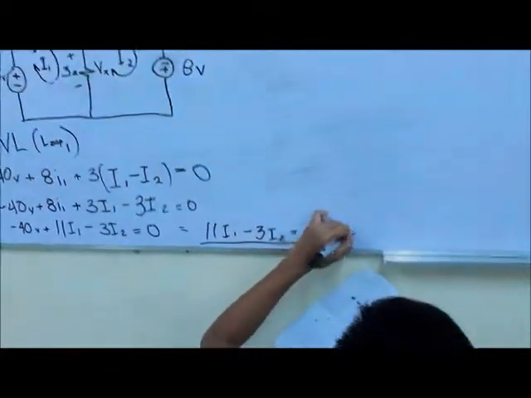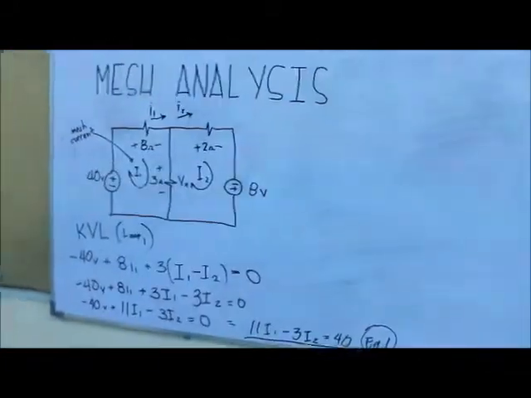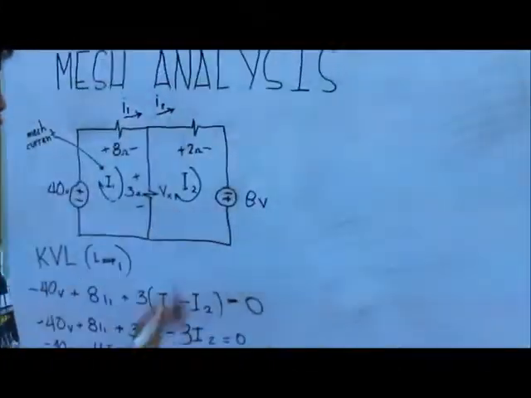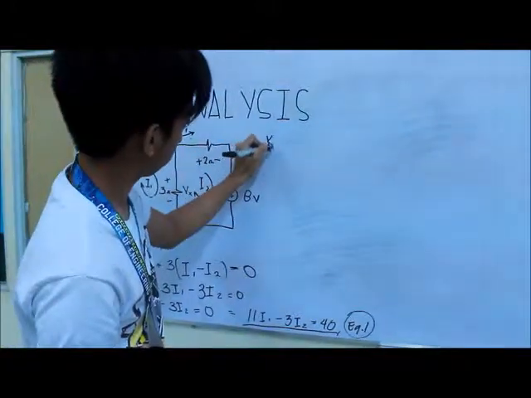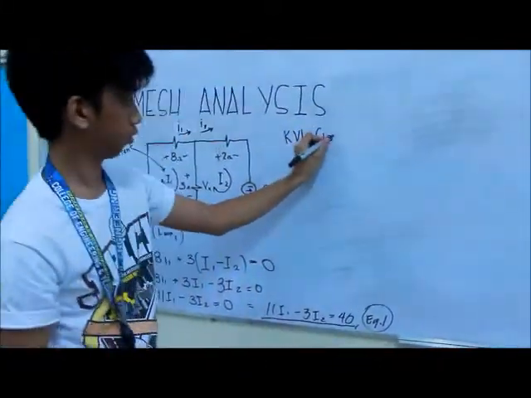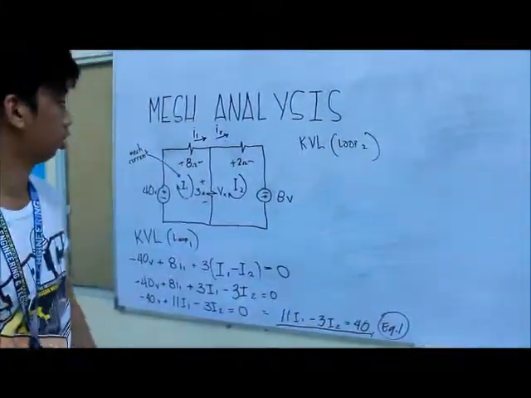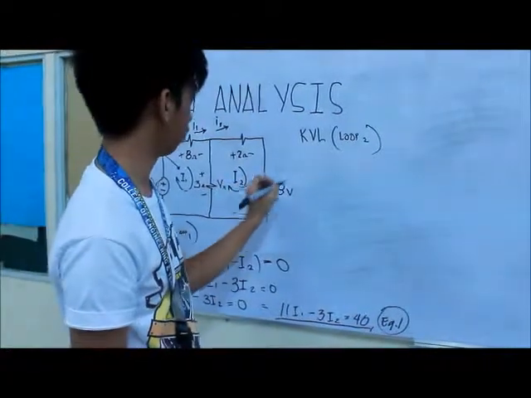So this is our equation 1. So then next we apply KVL on the next loop. So this is the negative 8 volts.